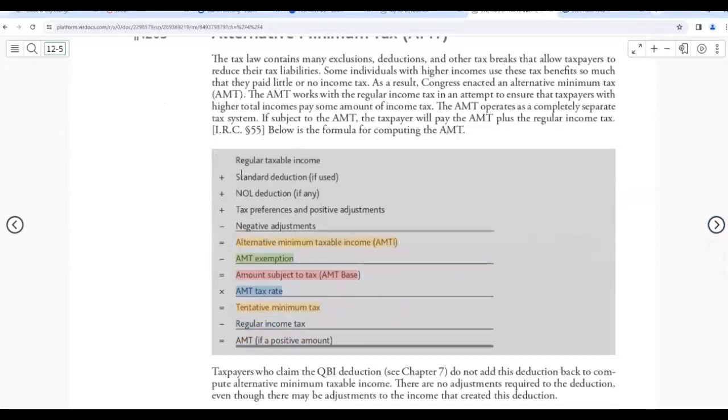You see, the software will say, okay, your regular taxable income is this, and you pay whatever tax you need to pay based on tax rates. But at the same time, behind the scenes, software is calculating your AMT. And if your AMT is bigger than the tax that you are supposed to pay, then AMT gets ahead of your tax and you have to pay this.